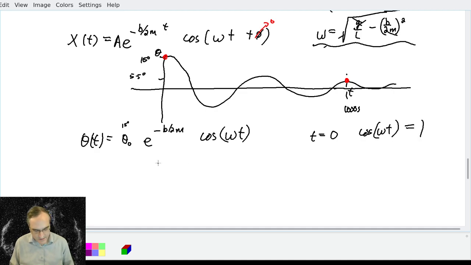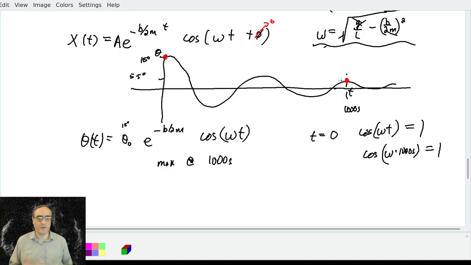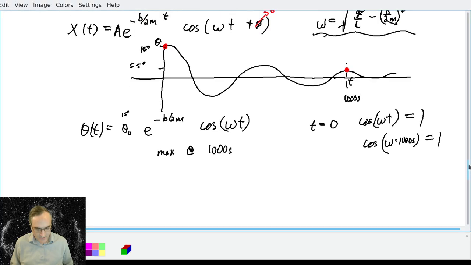And if we're looking at a max at 1,000 seconds, that means cosine of omega times the 1,000 seconds is also got to be at its maximum. Otherwise we couldn't compare the two and say how much it's fallen off. So that's actually the trick we need to find our answer.